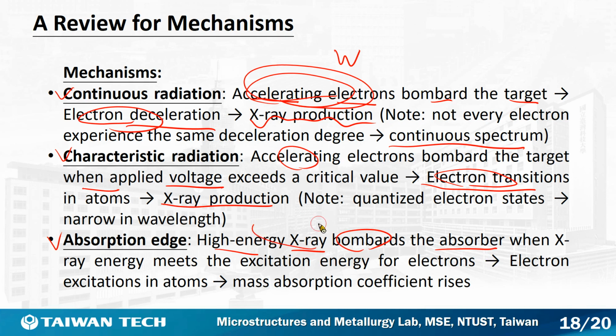And then if this X-ray energy is high enough to meet the excitation energy for the shells, then it will cause electron excitations in the absorber. So the mass absorption coefficient will rise rapidly. So these are the three mechanisms for three different physical behaviors.